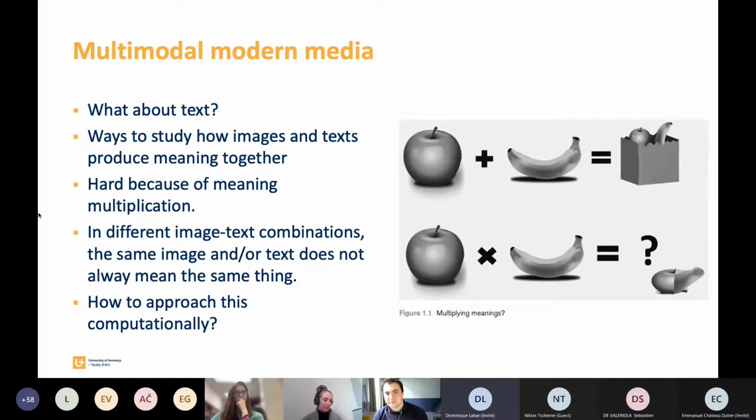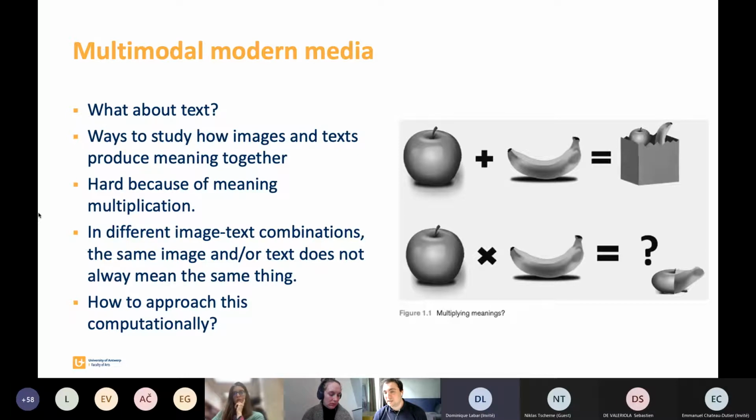And the question I came up with in the end was, how can we approach this computationally? Because it's a very hard problem, which you can see here on the slide. That's the problem of meaning multiplication. Sorry. So in fact, the same image and or text in different image-text combinations does not always mean the same thing, right?